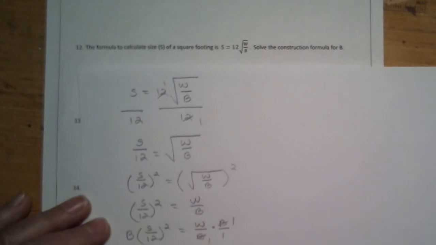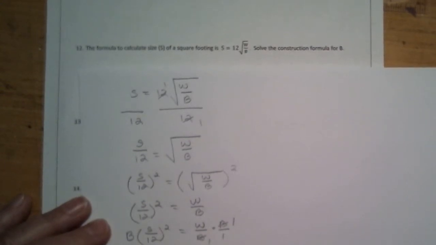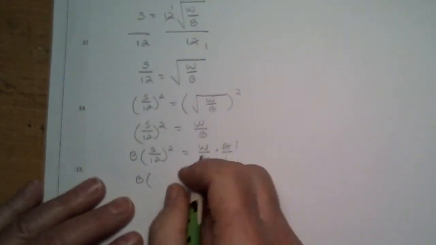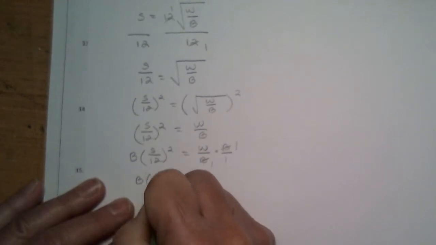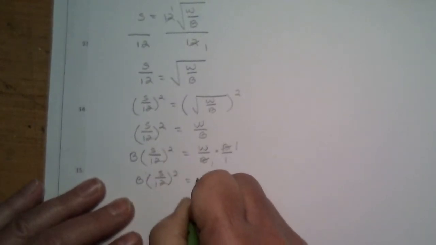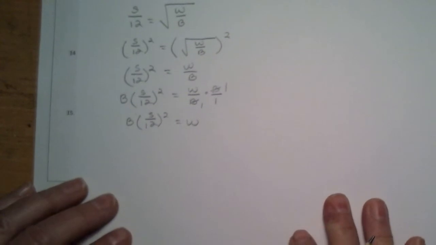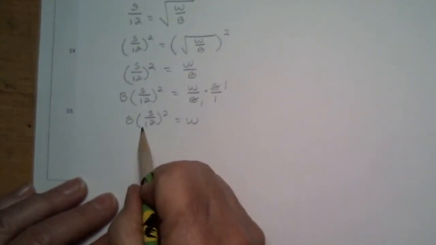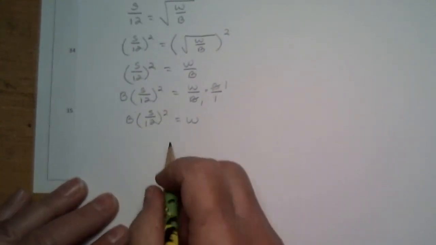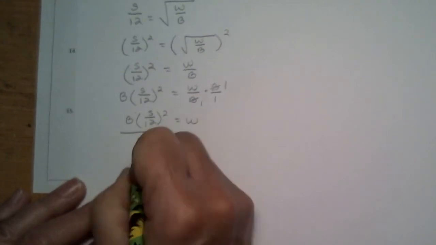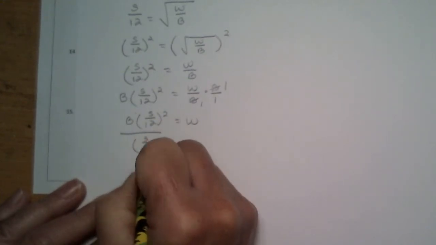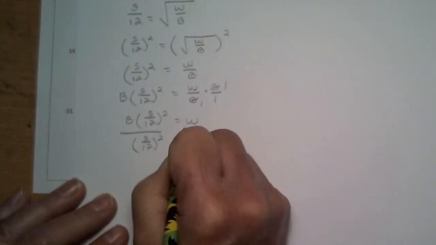And let me clean this up just a little bit. I'm off the page. S over 12 squared is equal to W. And finally, this guy's got to go because I'm after B. So I'm going to divide this side by S over 12 squared. I'm going to do the same thing over here.